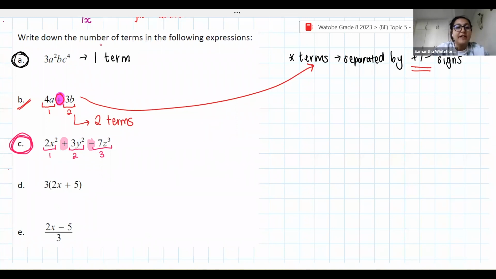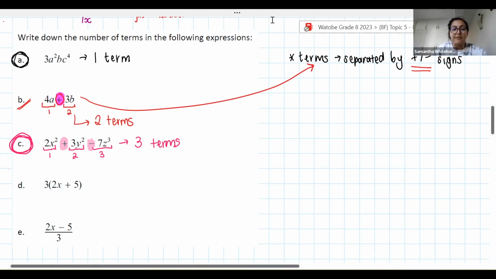So in this expression, I have got three terms. And I know that because I identified where my plus and minus signs are. And from there, I could say I have three terms.